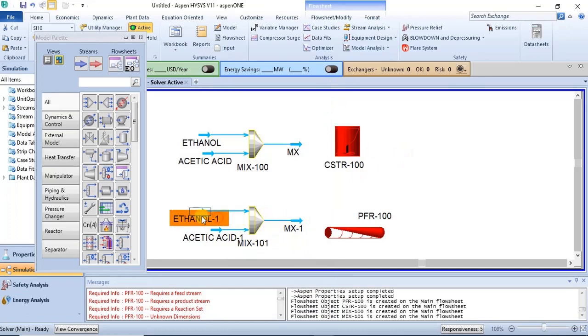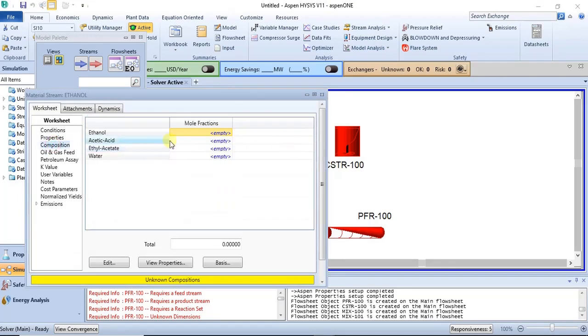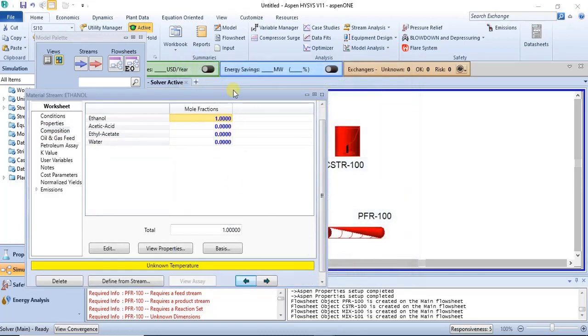So we can specify their properties and composition, right? So let's enter. For the ethanol stream, we have a mole fraction of 1.